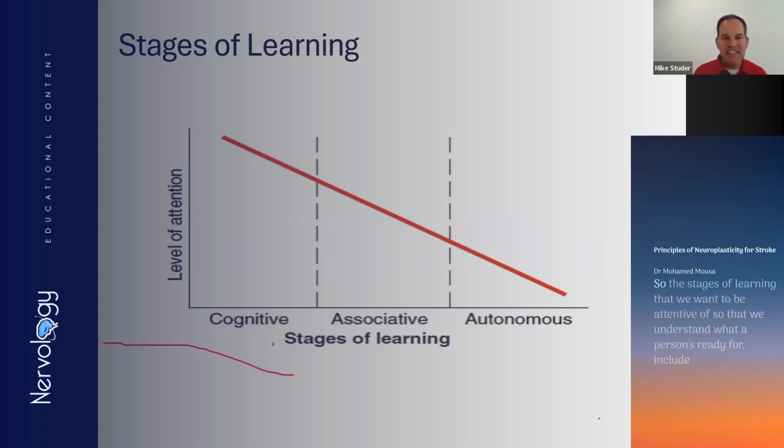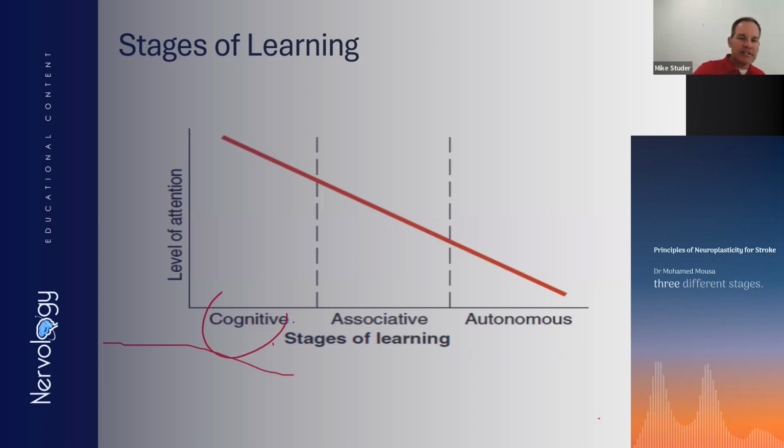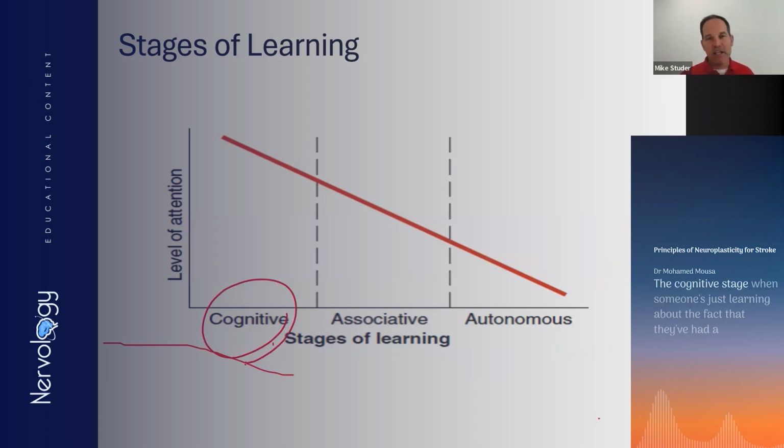We'll ignore it. So the stages of learning that we want to be attentive of so that we understand what a person's ready for include three different stages. The cognitive stage, when someone's just learning about the fact that they've had a stroke. The associative phase, when they're starting to learn how to use their body differently.